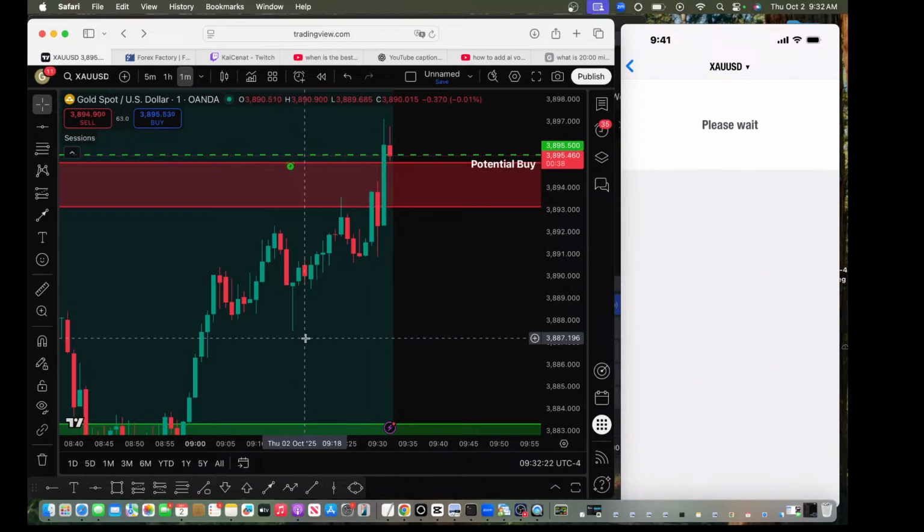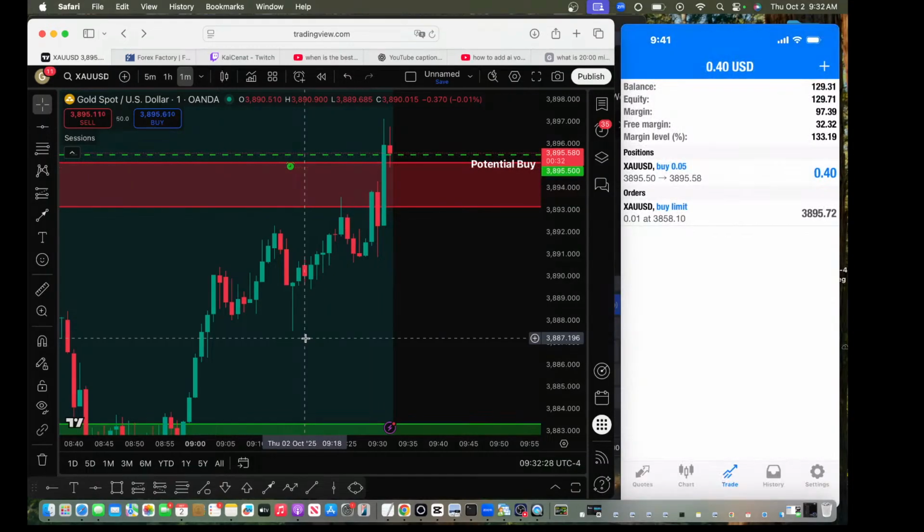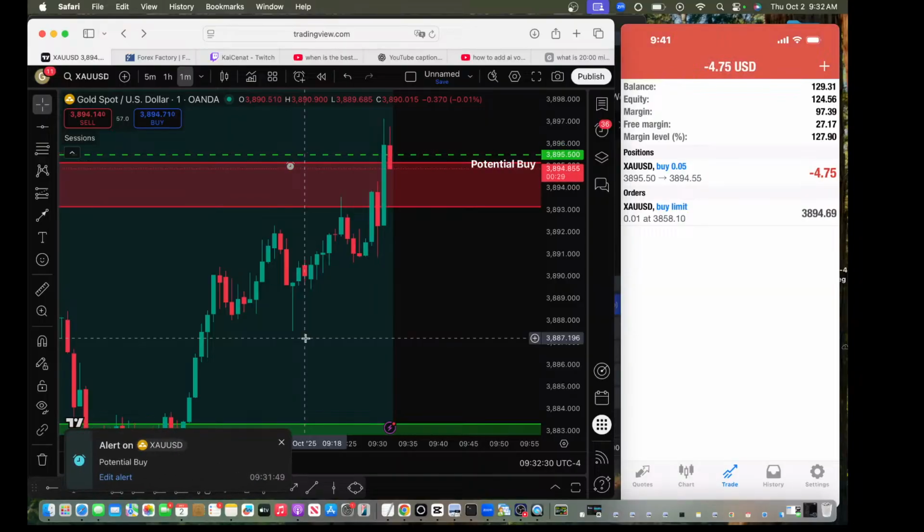Okay, boom. There goes my retest. On the 1 minute. We are in for a trade. Uh-oh. Invalidation candle. Uh-oh. Damn, he got me with the invalidation candle.